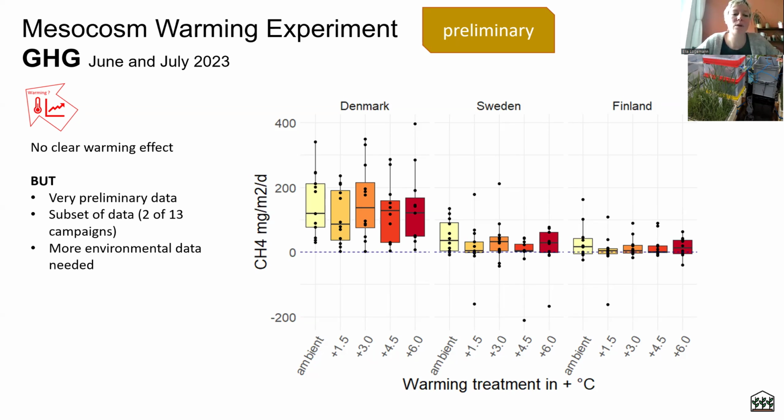But this is maybe also due to the very preliminary data, and this graph is only including a subset of the data that I sampled. And also I haven't included any environmental data yet. And also I want to point out that maybe there is some kind of trend visible that definitely needs further investigation, which I would describe as a W-shaped trend.